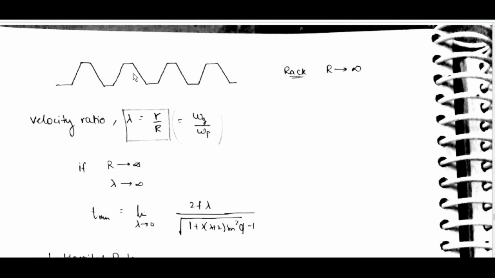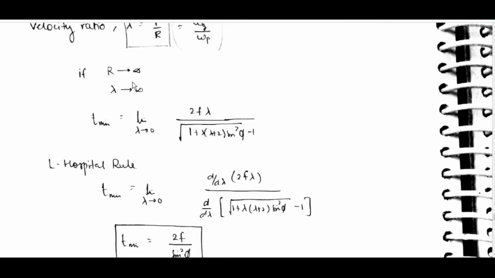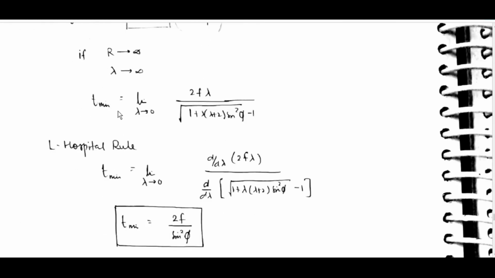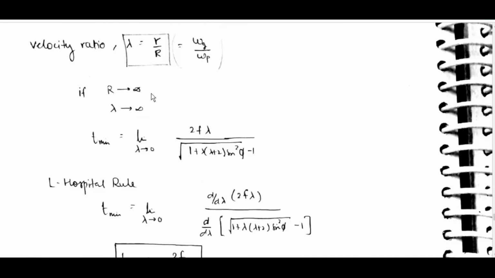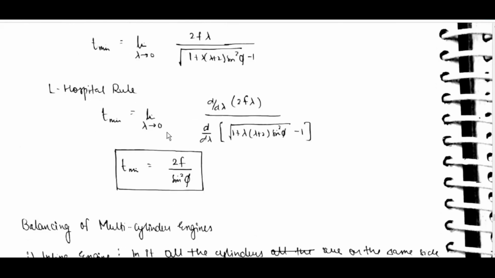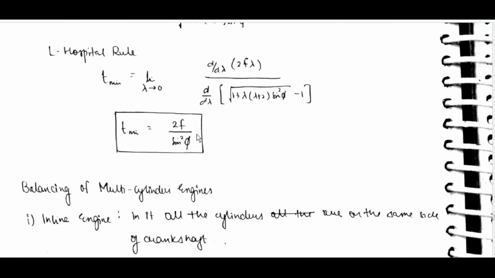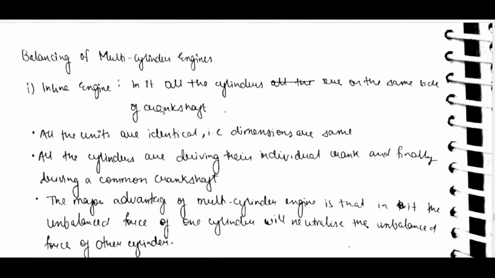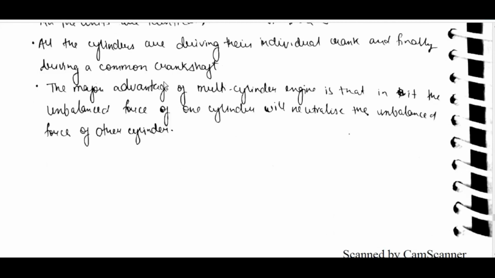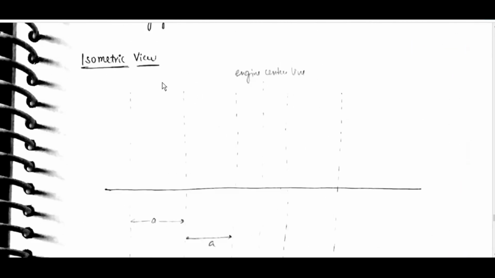Velocity ratio lambda is equal to small r by capital R, equal to omega g by omega p. If capital R tends to infinity, lambda tends to 0. Using L'Hospital's rule, T min is equal to 2f by sin square phi. For a rack, T min is equal to 2f by sin square phi.